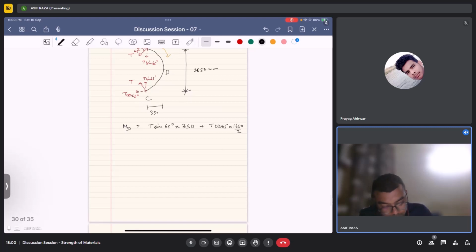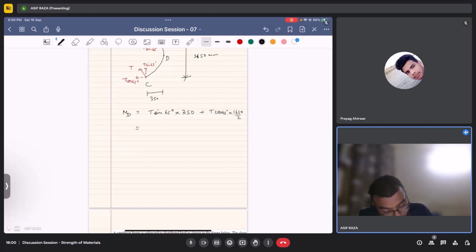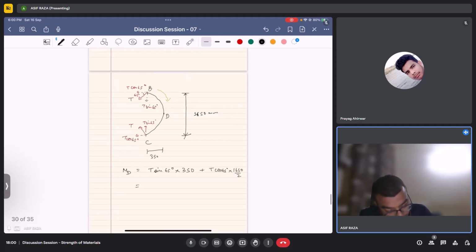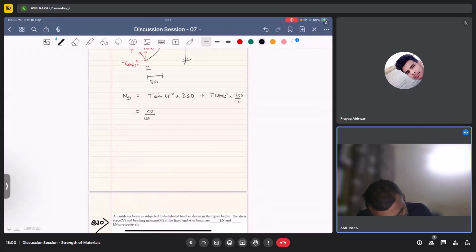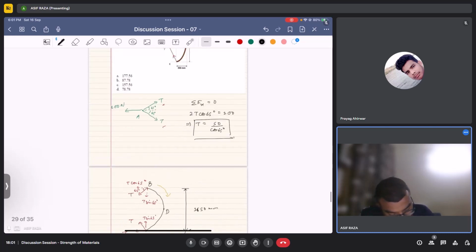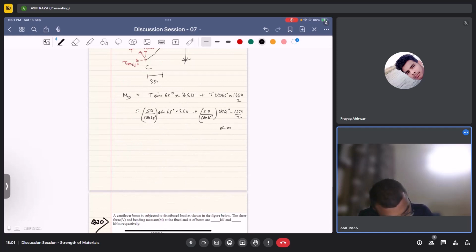This is what we need to calculate. Let's substitute T. So it's 50 by cos 65 into sin 65 into 350 plus 50 by cos 65 into 1650 by 2, and the units are Newton mm as of now.